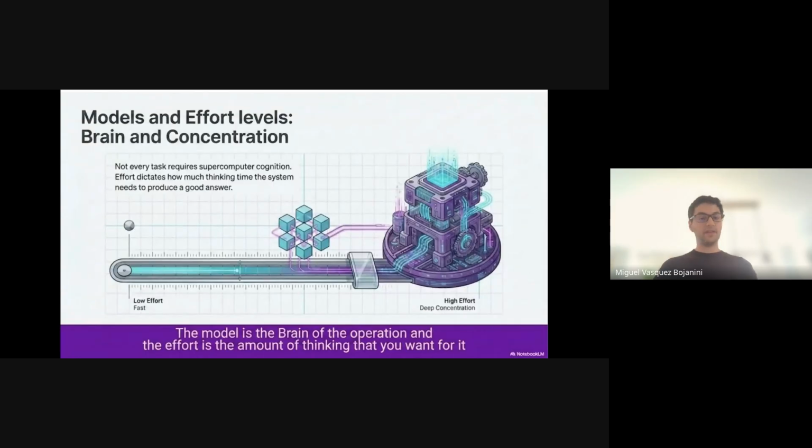So the model is the brain of the operation, and the effort is the amount of thinking it is going to do in order to provide you with an answer. Both are configurable. You can choose whatever model you want, and whatever effort you want. So you can mix and match your model with your effort in order to increase your chances of getting a good answer in your chats. With that said, I'm going to pass the presentation to Roberto.